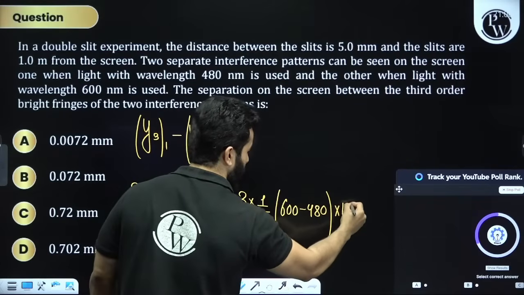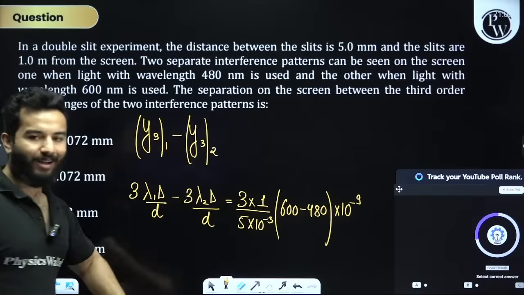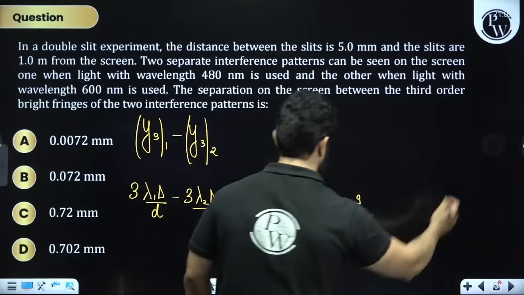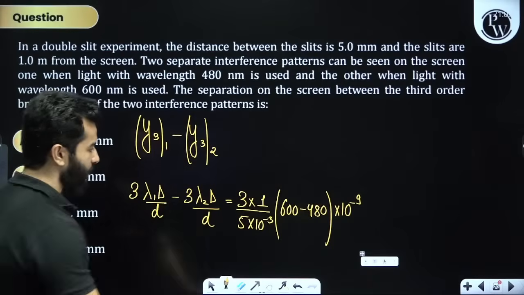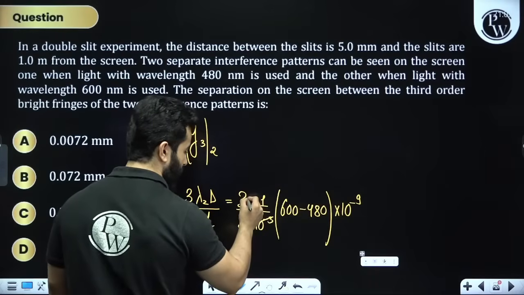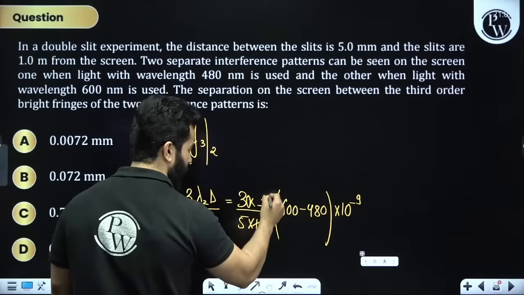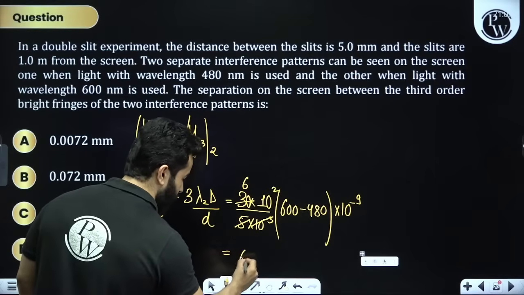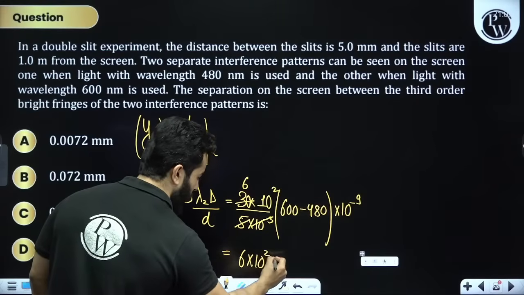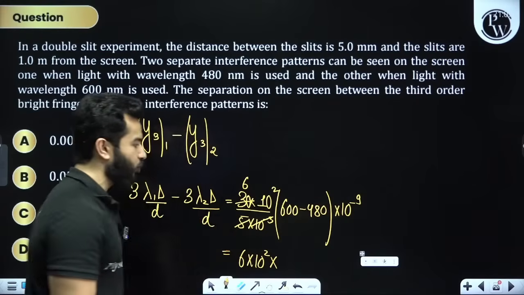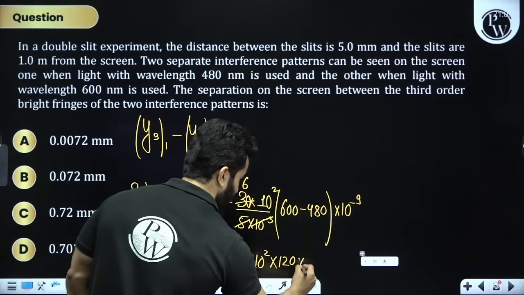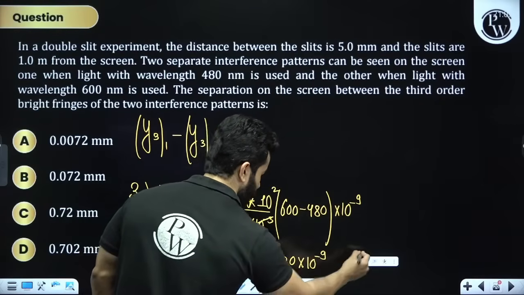Nanometer is 10 to the power minus 9, mind you. Answer will be, dosto, I can write down this thing as, let me write down 1 0 over here and 10 to the power 2. This will become 6. So finally answer will become 6 into 10 to the power 2 multiplied by, this will become 120 multiplied by 10 to the power minus 9.